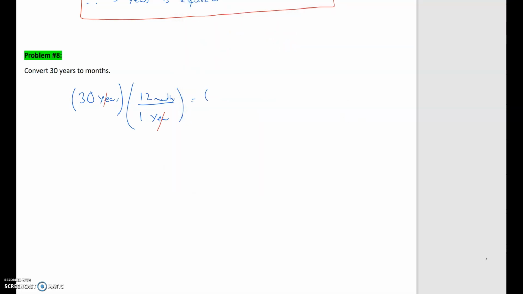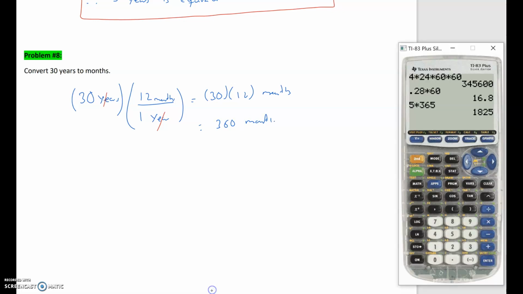In the cancellation, we're left with 30 times 12 months. So in this case, it's going to be 360. Let me just double check it. 30 times 12. Okay, 360.